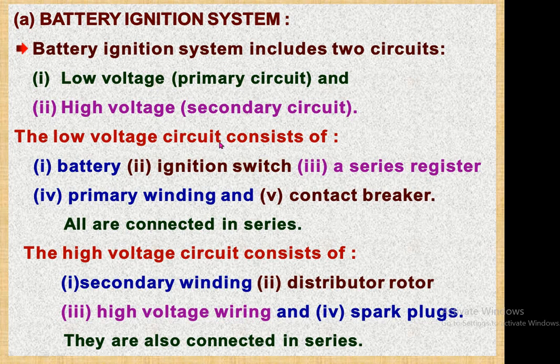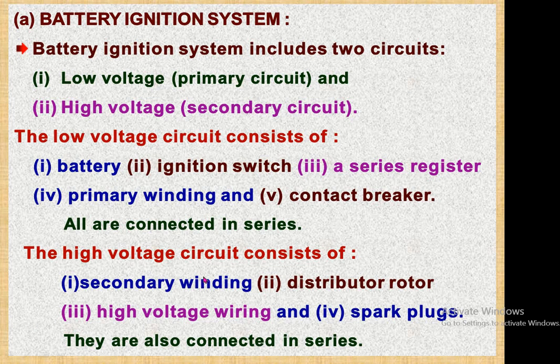The low voltage circuit consists of a battery, ignition switch, a series resistor, primary winding, and contact breaker. All these parts are connected in series. The high voltage circuit consists of the secondary winding, distributor rotor, high voltage wiring, and spark plug.